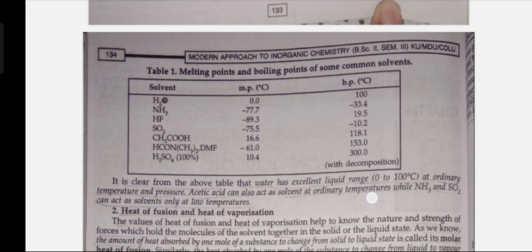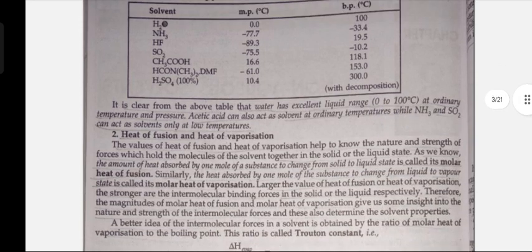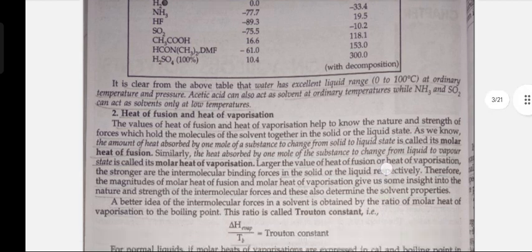It is clear from the table that water has an excellent liquid range from 0 to 100 degrees Celsius at ordinary temperature and pressure. Acetic acid can also act as a solvent at ordinary temperature, while liquid ammonia and sulfur dioxide can act as solvents only at low temperatures.